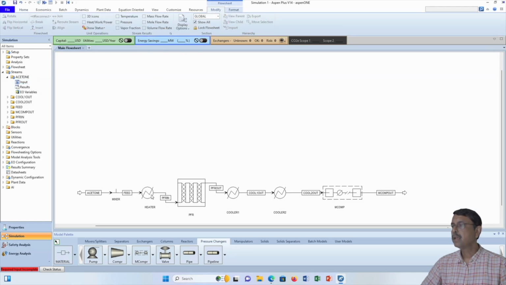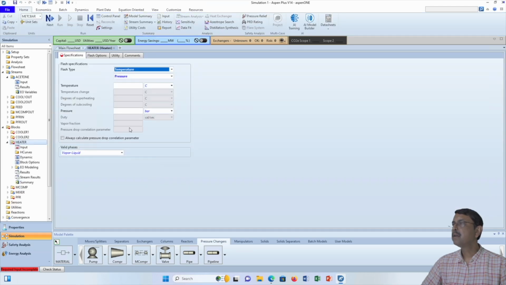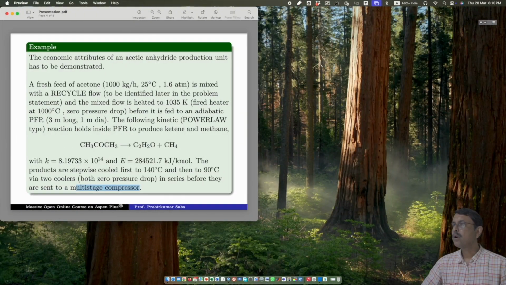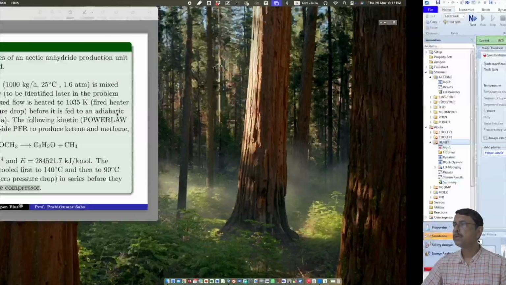Okay, so it goes to the heater. We have to specify the heater specifications, and the heater operates at 1035 Kelvin with zero pressure drop.